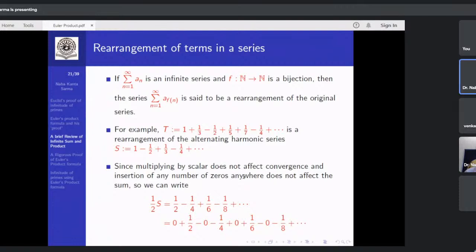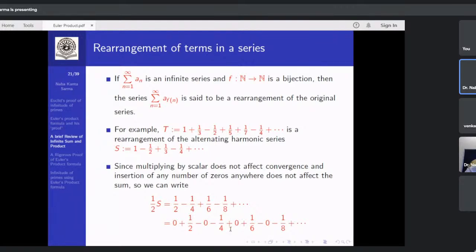So we can insert 0 anywhere we like. In view of this, if we multiply by half, we'll get this series. We have multiplied both sides of the alternating harmonic series by half to get this. And then at odd places, first, third, fifth, we have included some zeros. These zeros are not going to affect the sum of the series because they are after all 0.